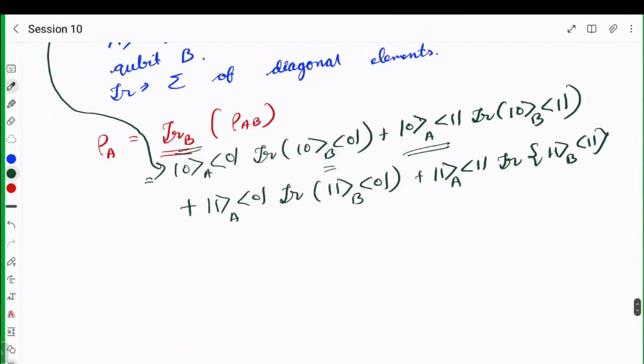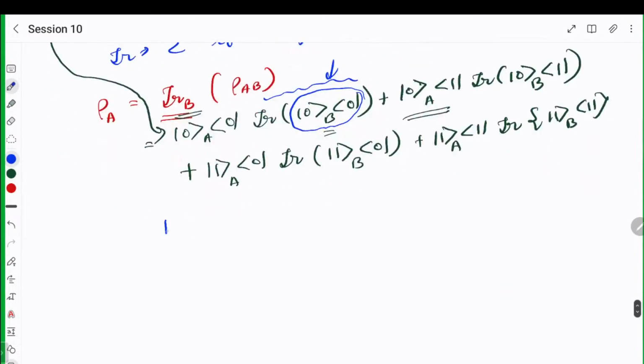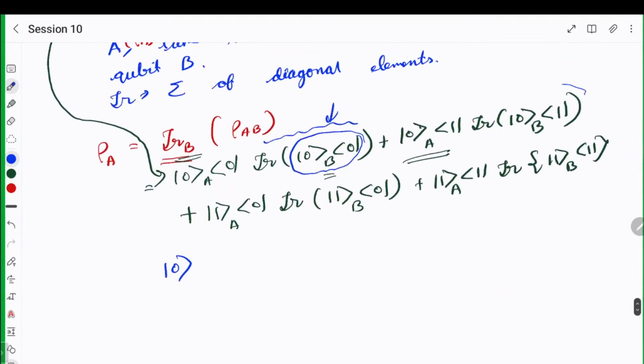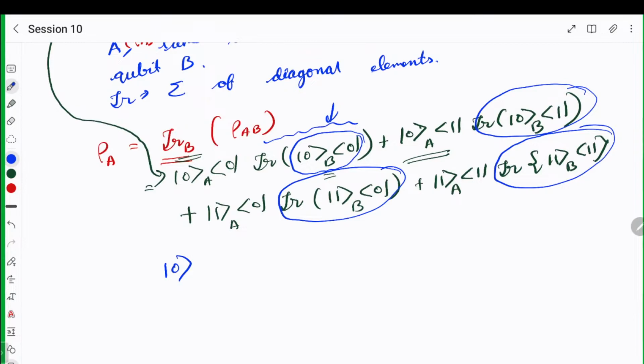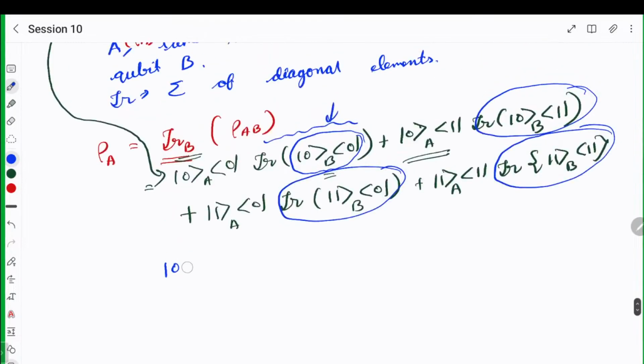Now, we have to calculate the sum of the diagonal elements of these matrices. We have to find the trace of each of these. So these four traces, if I find them, then I would be able to find rho A. So let's try to do that.